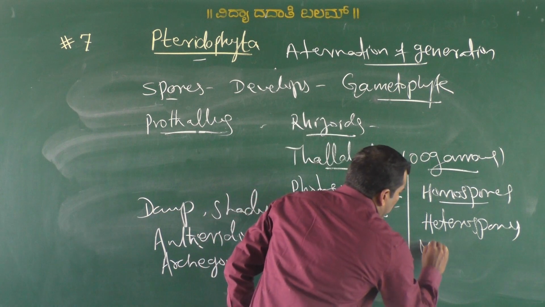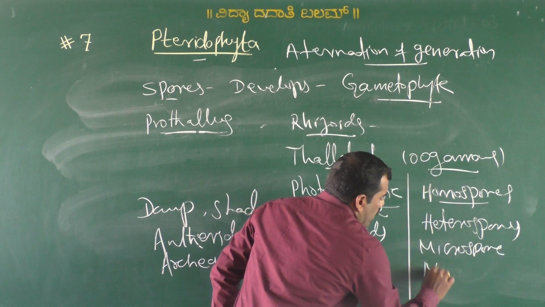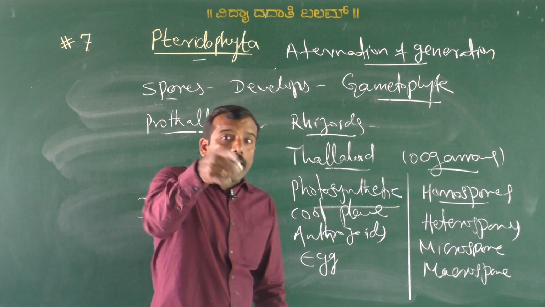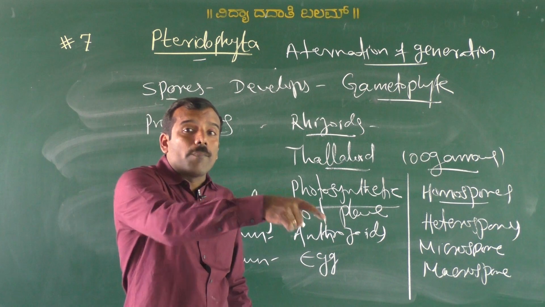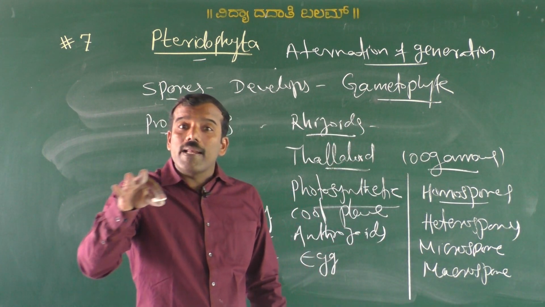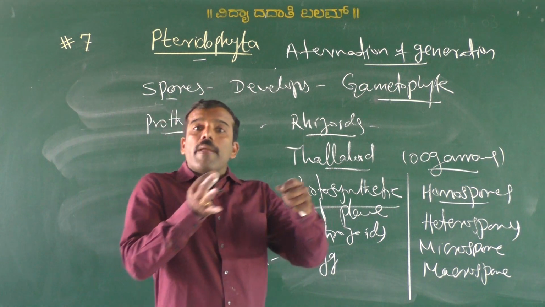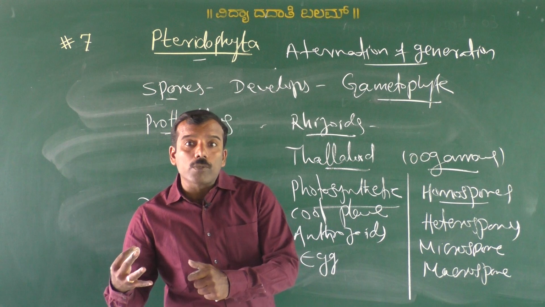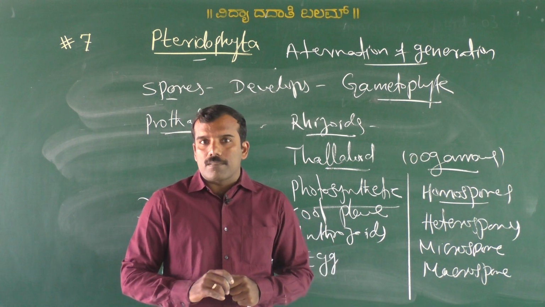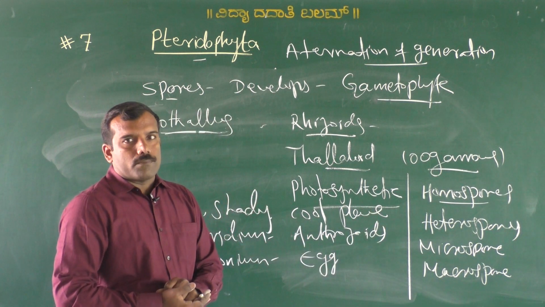When the sporophyte produces heterospores, that means one is microspore, another one is macrospore. Microspore develops into male gametophyte, macrospore develops into female gametophyte. That means male prothallus, female prothallus, independent. Separate thalli are formed from microspore and macrospore.